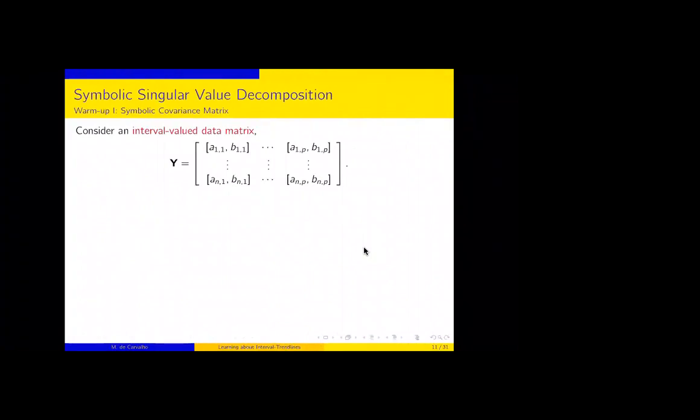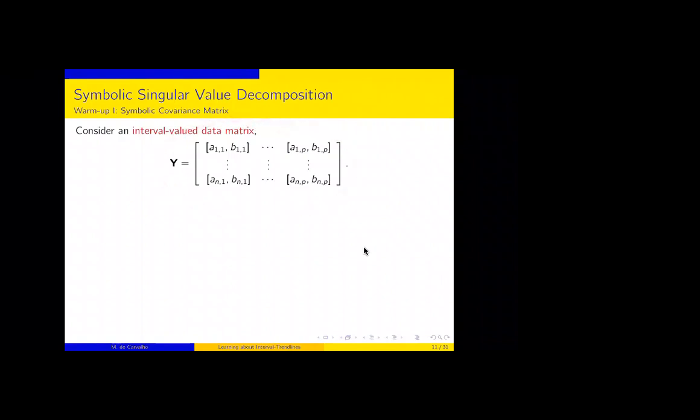Okay, so let's start. Before introducing symbolic singular spectral analysis, let me first introduce you to the symbolic covariance matrix. This is an interval valued data matrix.